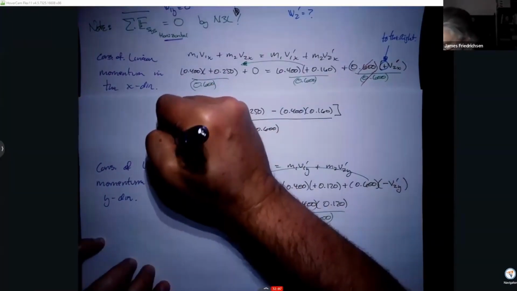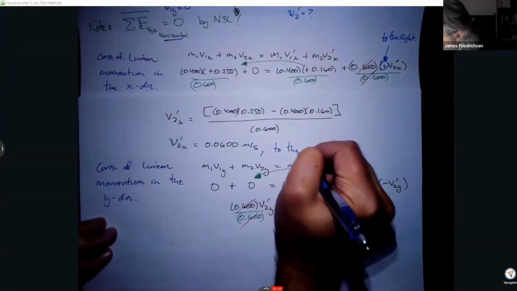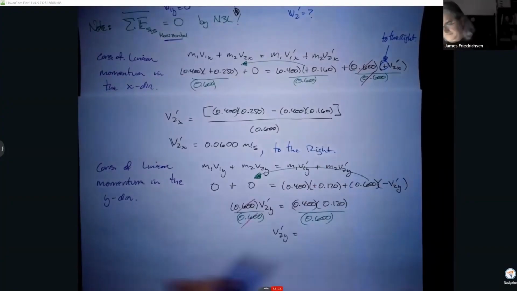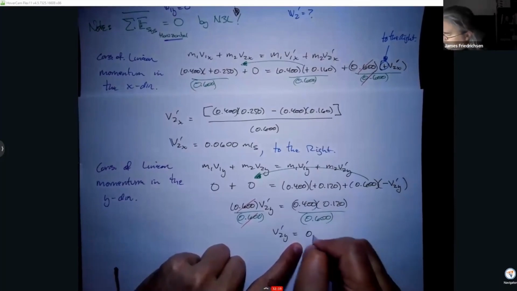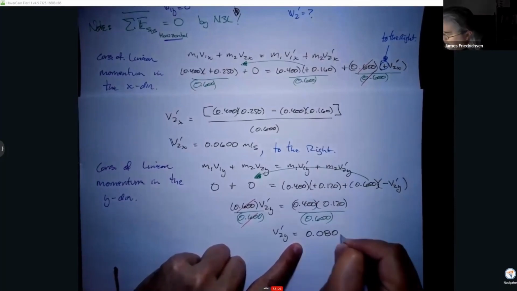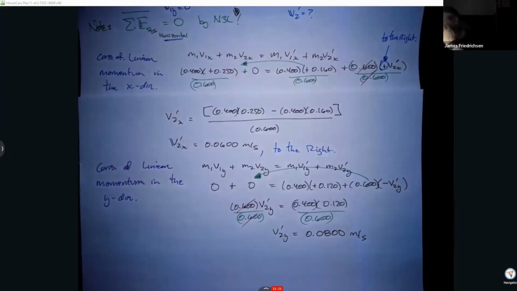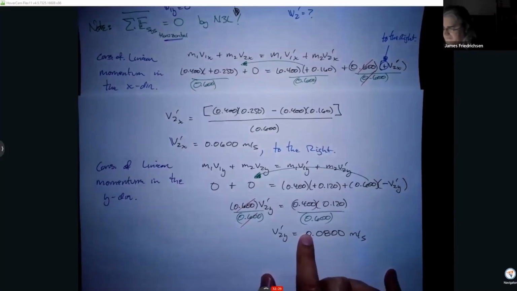So if I make it into the vector, this would be to the right. So 0.0800, I guess, or 3 digits. And now notice that my magnitude was positive. So what that means is the direction we picked was correct.